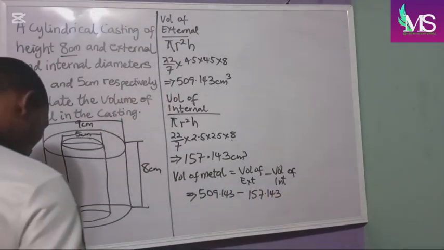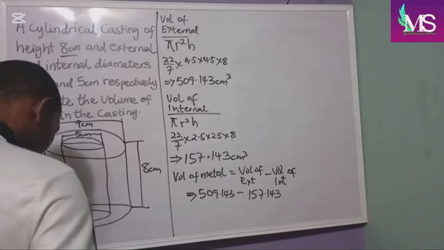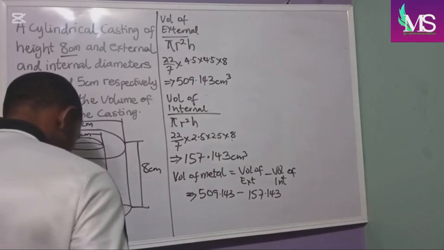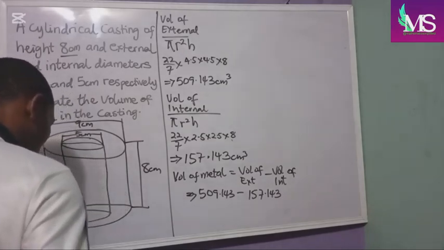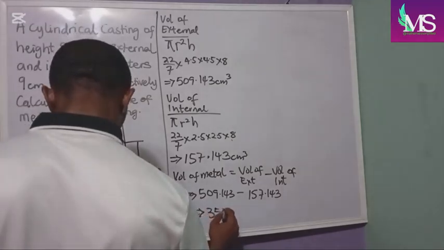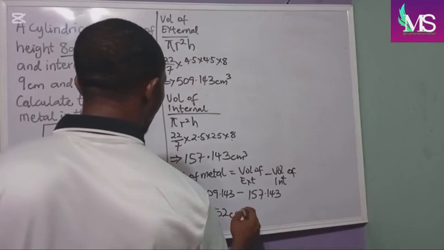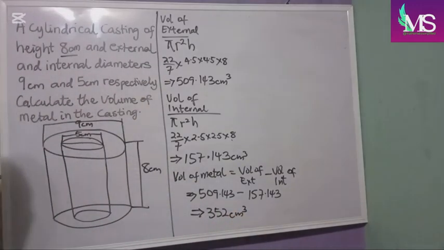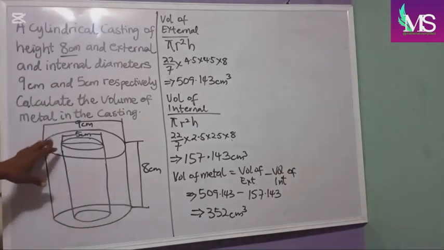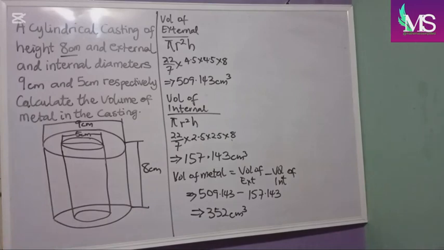Okay, 509.143 minus 157.143 will give us 352 cm cube. So now, 352 cm cube of the metal was used in casting this cylinder.